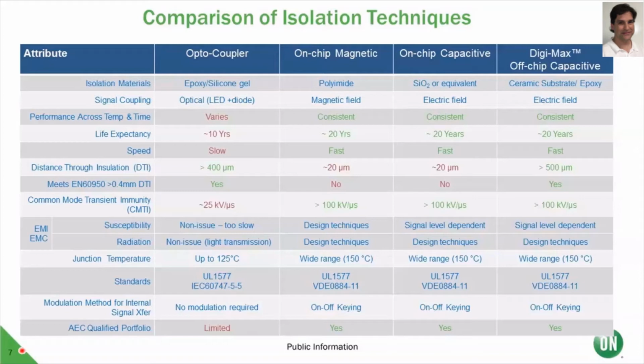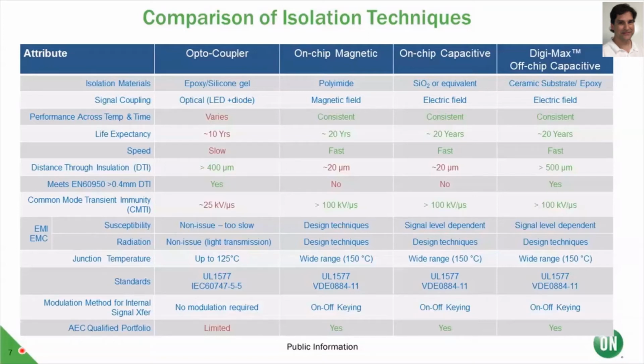In terms of safety standards, the optocouplers and digital isolators are all tested and certified under the UL 1577 standard. For the European standards, the optocoupler follows the IEC 60747 standard, which is based on a partial discharge model, while the digital isolators are currently certified under VDE 0884, and soon a new IEC standard is coming out that digital isolators will fall under.